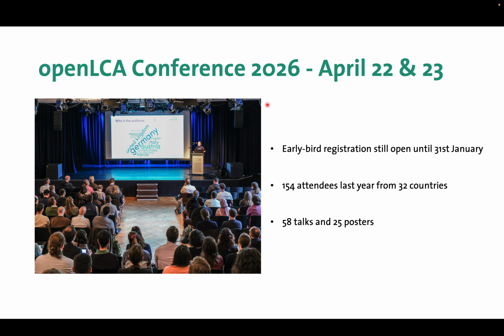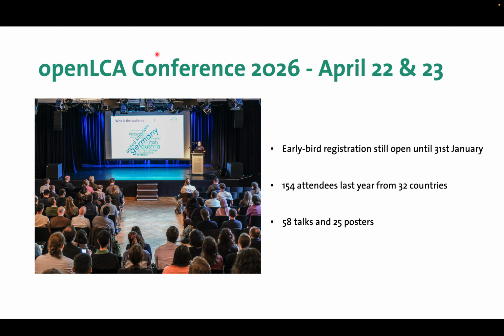Same as last year, it will be in the beautiful UFA Fabrik in Berlin. The early bird registration is still open until the 31st of January, so this is tomorrow. And last year we had 154 attendees from 32 countries. We had 58 talks and 25 posters.